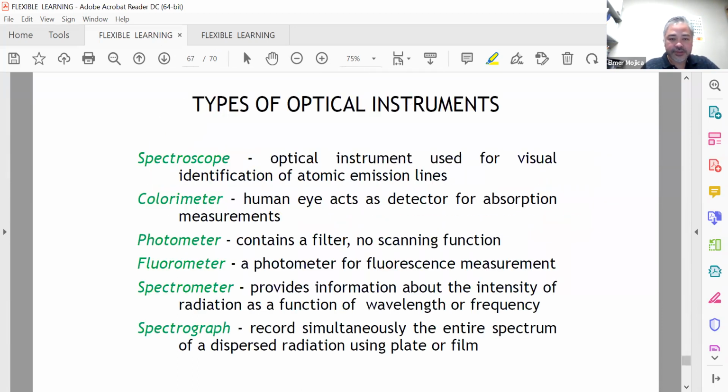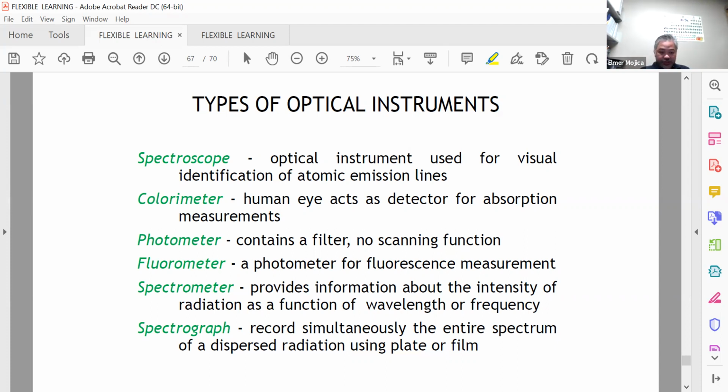So we're almost done. The last two slides that we have here are just some terms that you must be familiar with. A spectroscope is an optical instrument used for visual identification of atomic emission lines. We put it in the source and try to look at the line spectrum. A colorimeter uses the human eye as a detector for absorption measurement.